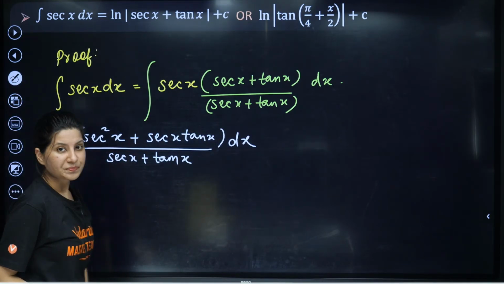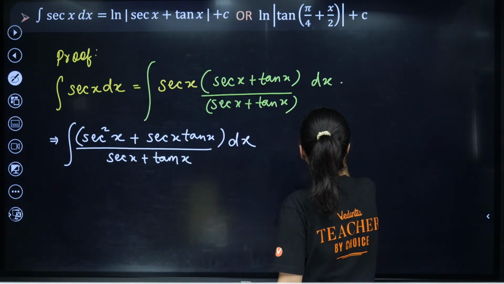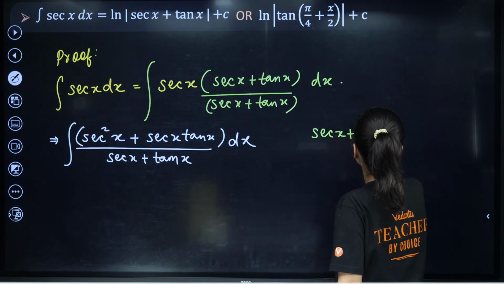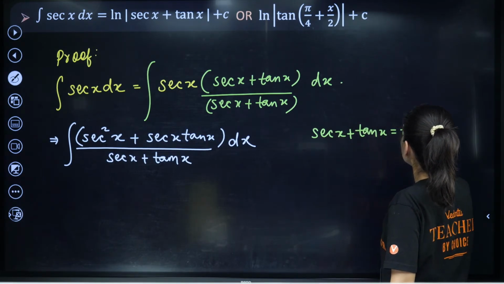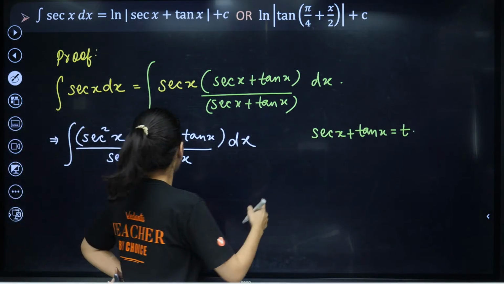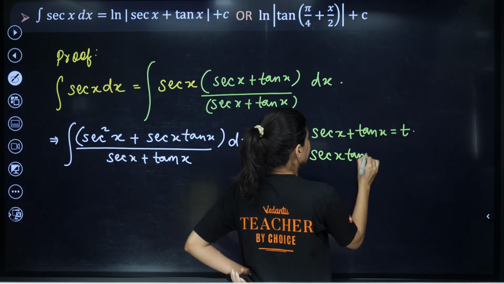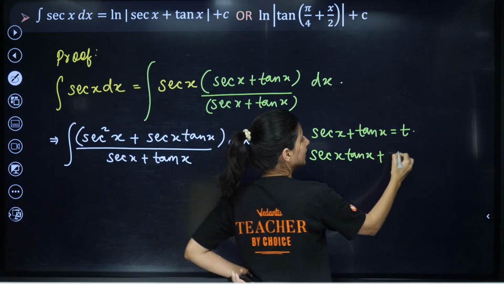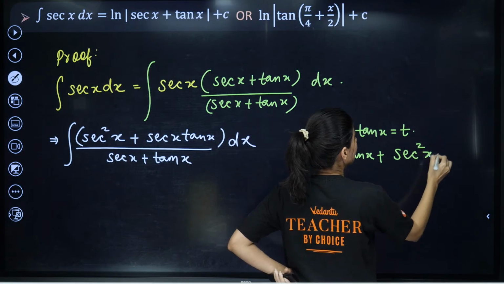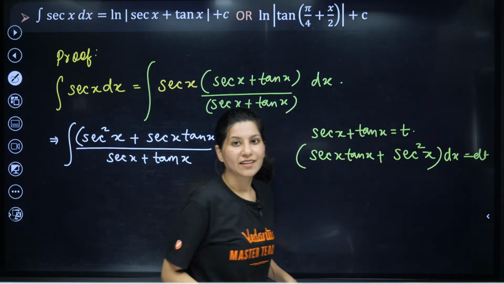Now put sec x plus tan x equal to t. Differentiation of sec x is sec x tan x, and differentiation of tan x is sec square x, so sec square x plus sec x tan x dx will be equal to dt.